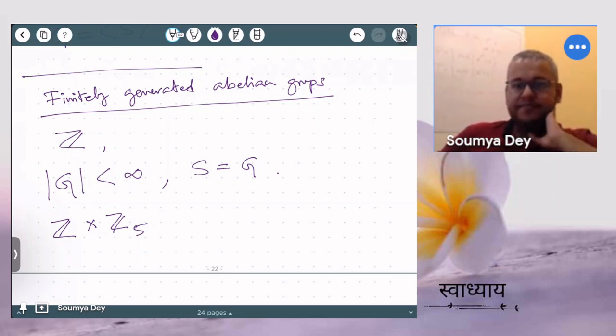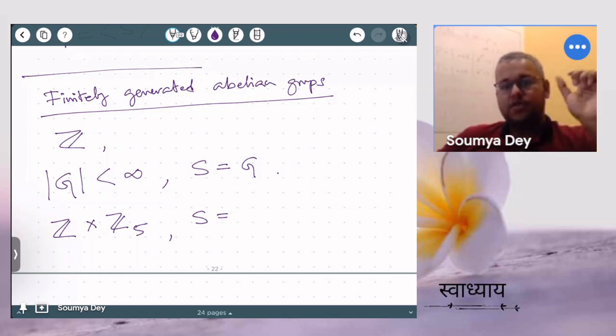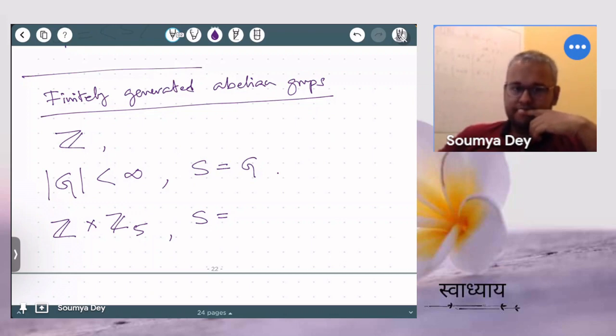Why is it finitely generated? What can be a finite generating set for this? Singleton 1. What do you mean by singleton 1? So it's a direct product. So any element will have two components. It's an ordered pair, right?